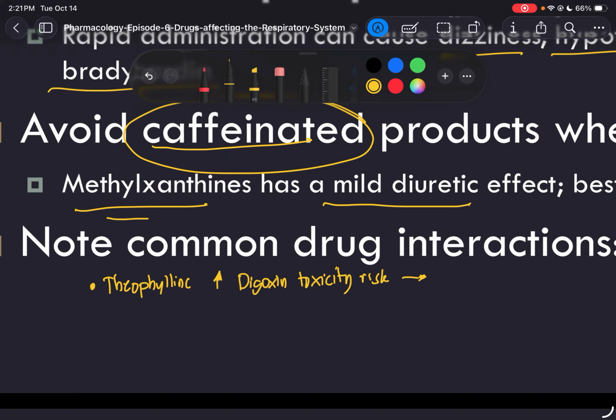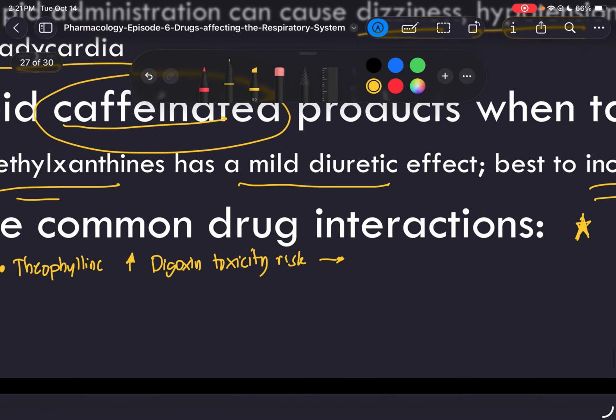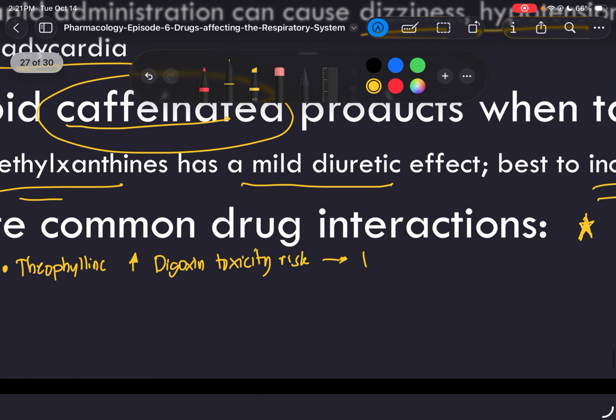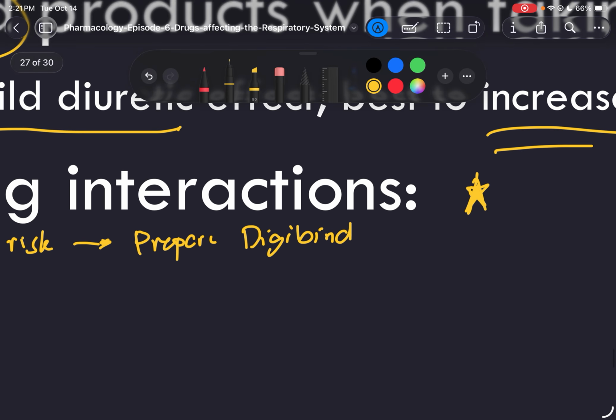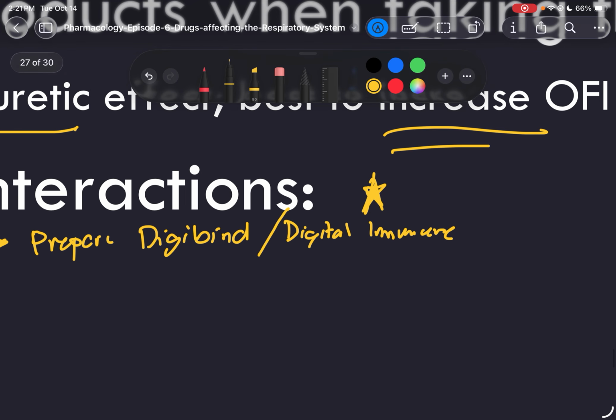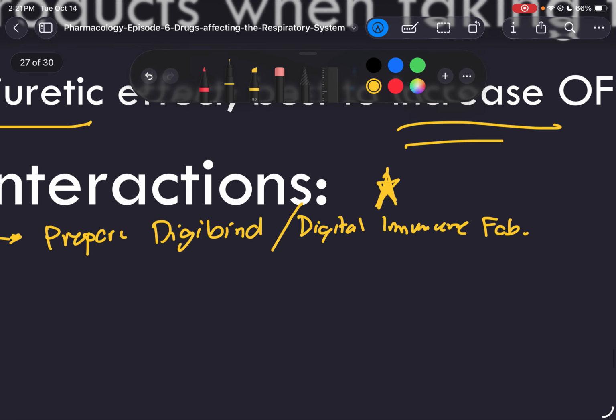So what you need to do is prepare the antidote for digoxin toxicity, which is digibind. Another name for it is digoxin immune fab.